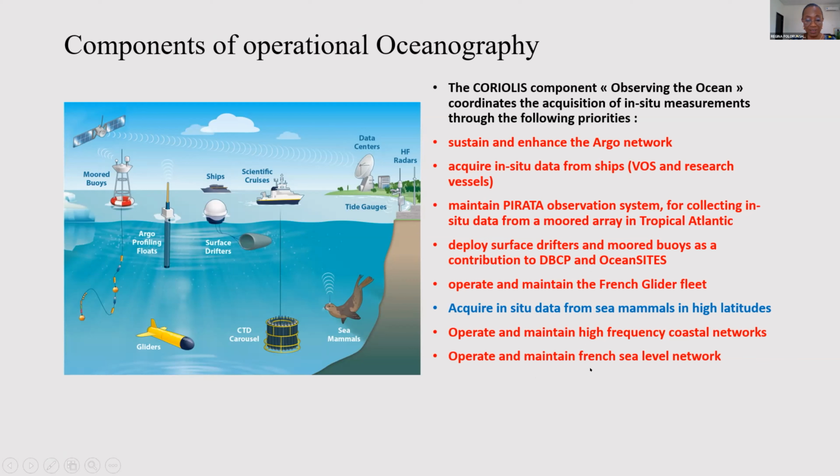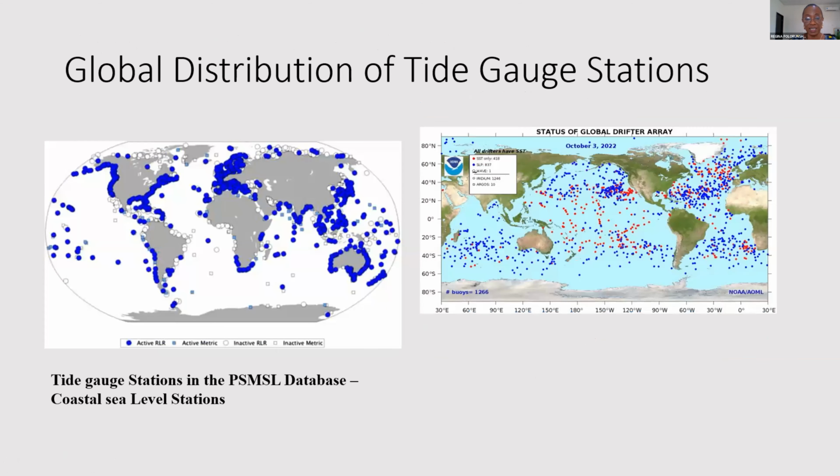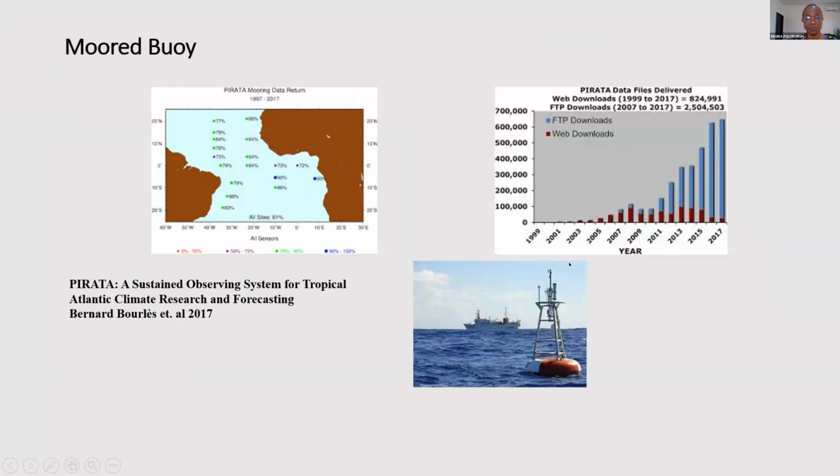Now, the next slide tells us that, for example, the distribution of tide gauges, when you look at this map, the coast of Africa, it's only very few areas that you see the active tide gauges. Here, they are non-active. All these areas are non-active. Now, when it comes to the drifter array, the coastline of Western Africa, you see that we do not have the normal dots that should signify that they have drifters.